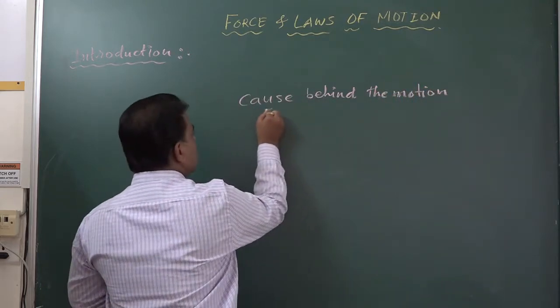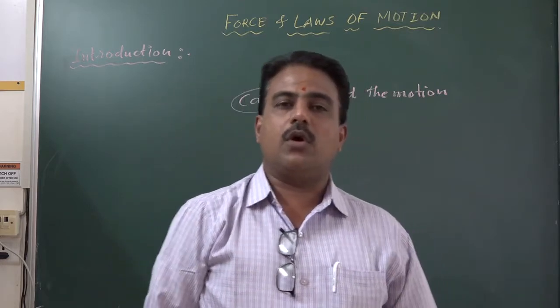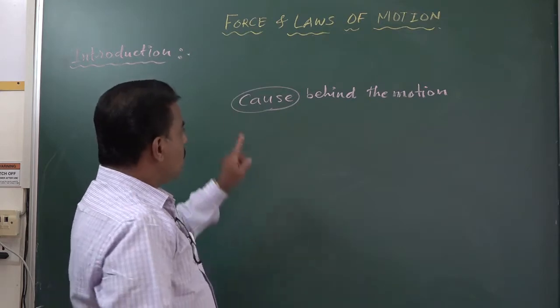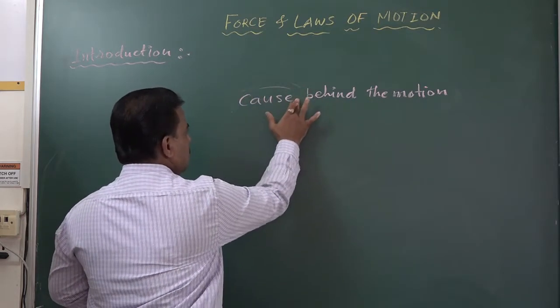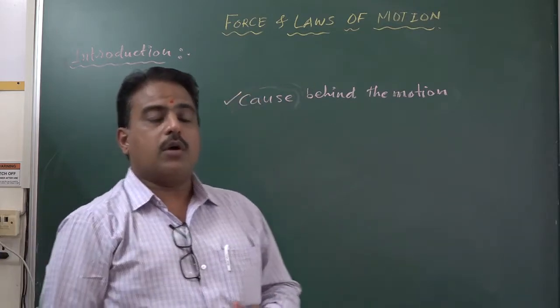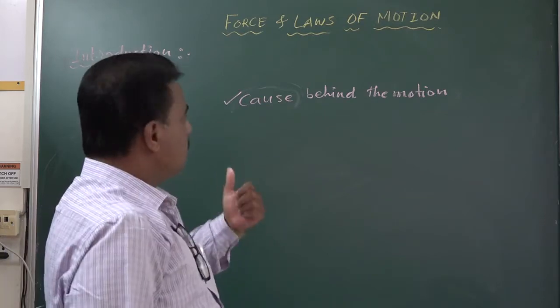That means there was no term related to what was the cause behind the motion. But now in this chapter, this cause is important, because of the cause that we are trying to understand in this chapter.